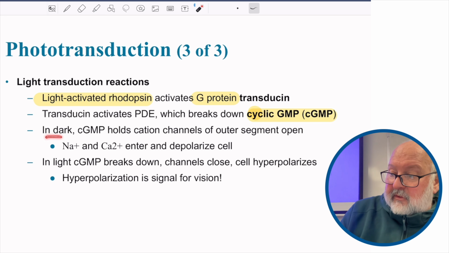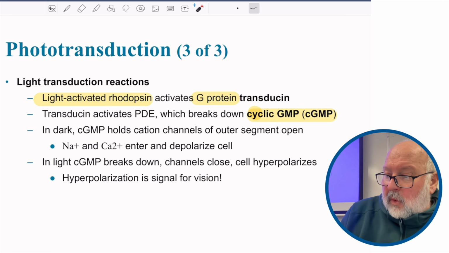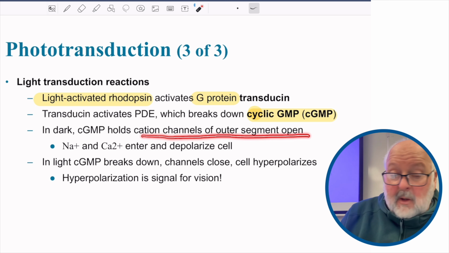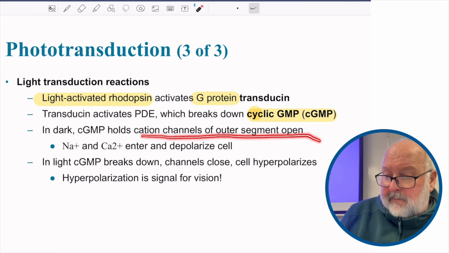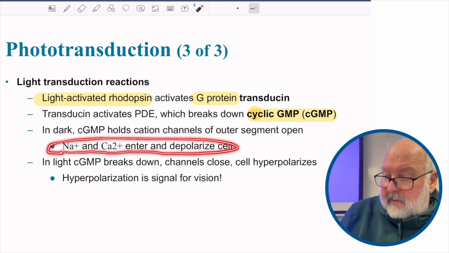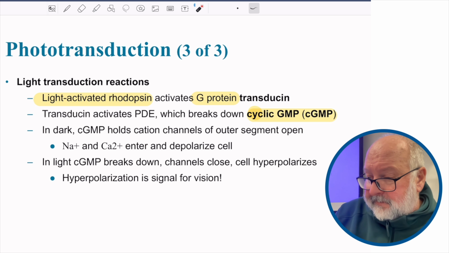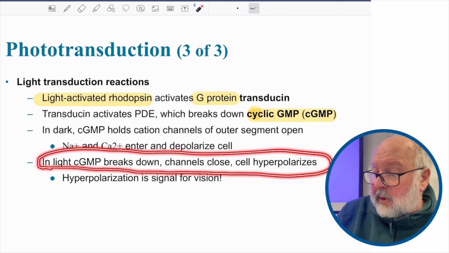So in the dark, cyclic GMP, what's it doing in the dark? It holds the cation channels in the outer segment open. We're going to see a diagram and walk through how this works, but let's get some of the basic players here. Sodium and calcium are going to enter and depolarize the cell. Now what happens in light? The cyclic GMP breaks down, the channels close, the cells hyperpolarize.